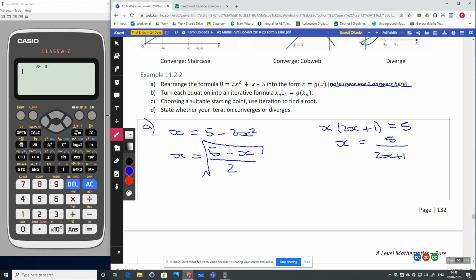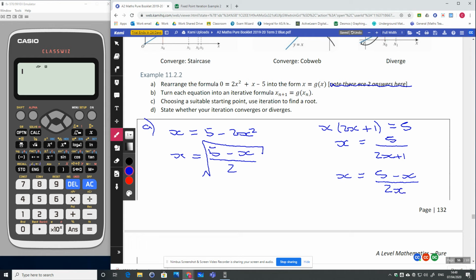And finally, we could go for this again, but instead of going for the square root, I could divide it by 2x. So I've got 5 minus x, take those 2 to the other side, and then divide by 2x would leave me with an x on its own, make x a subject.